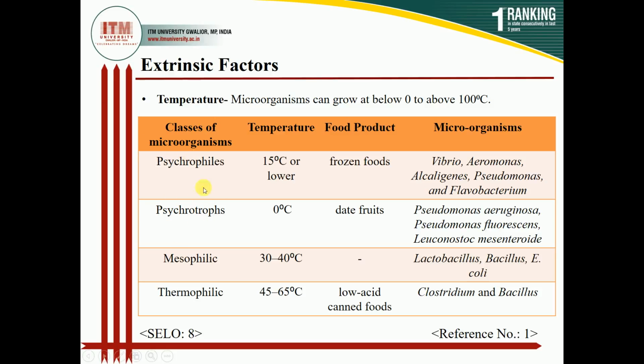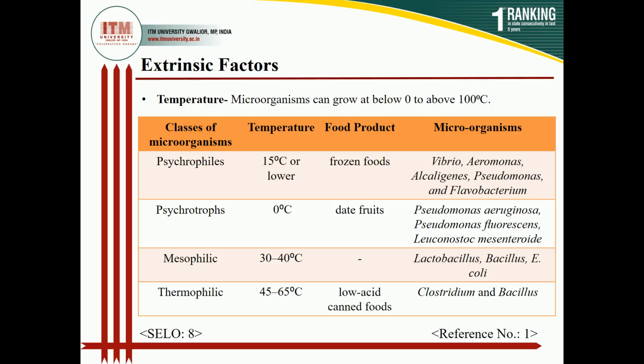Before moving towards the classes, there are three terms that generally come under temperature, pH or any other factors: the minimum, optimum and maximum. According to their production we can use these terms.